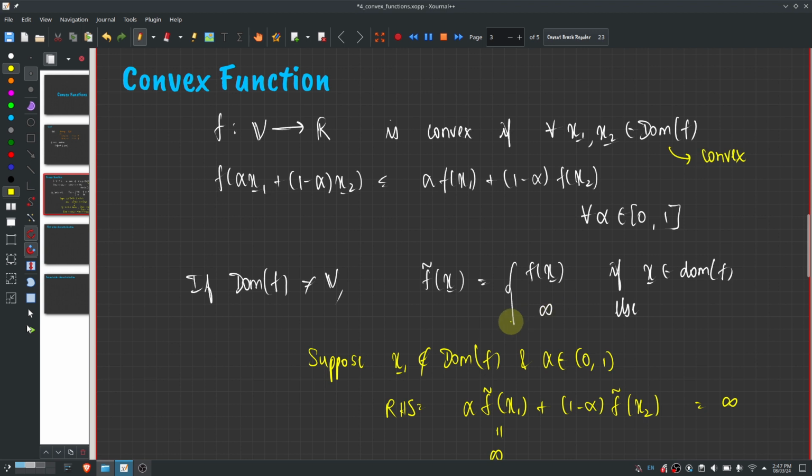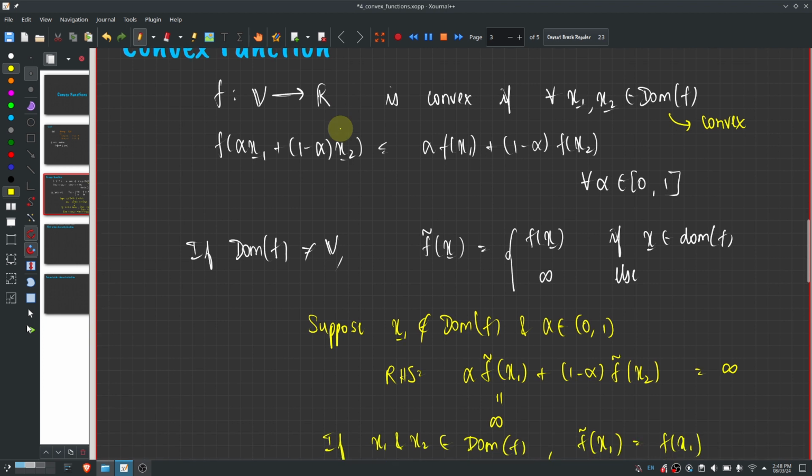But of course, at some values, it takes the value infinity. Correct. So f tilde would be a function from V to the extended real numbers. So henceforth we will assume that f is defined over the entire V or entire Rn. Okay, and proceed from that.